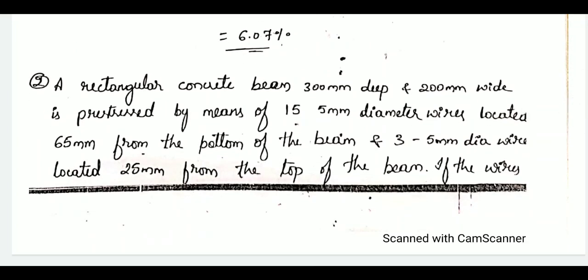A rectangular concrete beam 300 mm deep and 200 mm wide is pre-stressed by means of 15 numbers of 5 mm diameter wires located 65 mm from the bottom of the beam and 3 numbers of 5 mm diameter wires located 25 mm from the top of the beam.